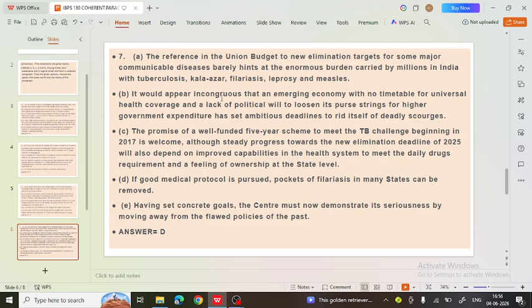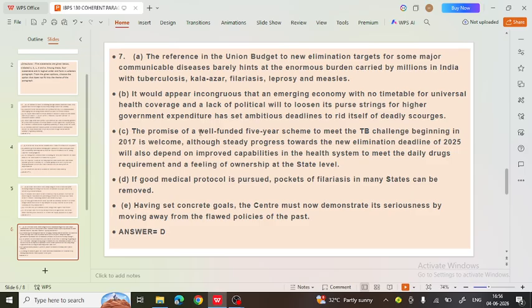It would appear incongruous that an emerging economy with no timetable for universal health coverage and a lack of political will to loosen its purse string for higher government expenditure has set ambitious deadlines to rid itself of deadly scourges.